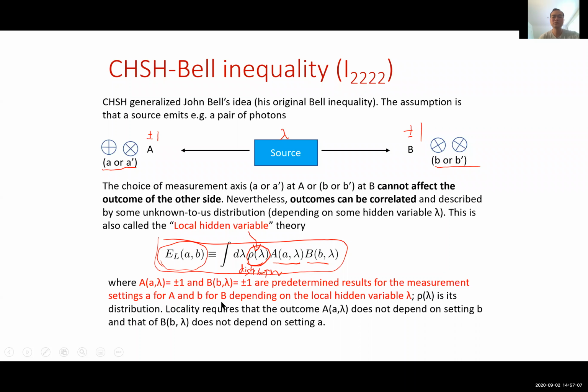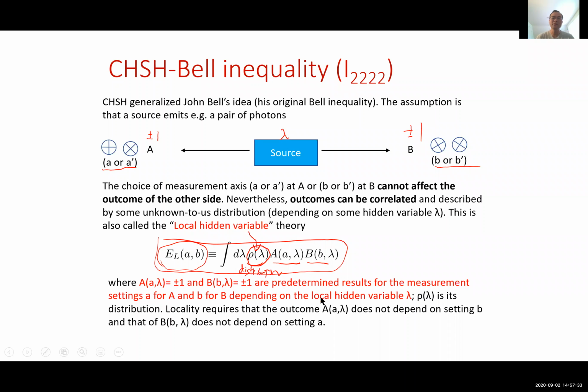It's called a local hidden variable or local realistic theory because whatever you will measure is already determined right here. You just don't know what it is, so you prescribe some distribution, but it's unknown.